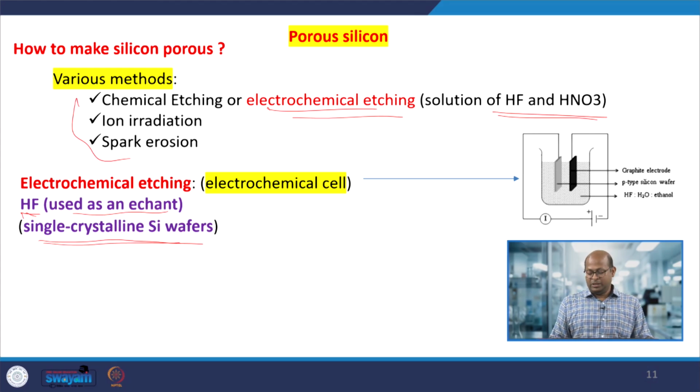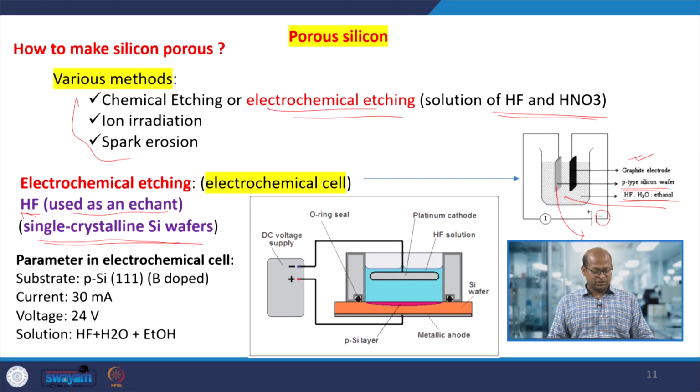Here you can see a graphite electrode was taken, and a p-type silicon wafer was taken, and the solvent used was hydrofluoric acid, water or ethanol. The p-type silicon wafer was taken to make the silicon porous. Here is also the same diagram of the electrochemical cell. Here this orange color is the silicon wafer that was taken, and similarly the HF solution and p-type silicon. The electrode was taken different, platinum or graphite, either one we can use.